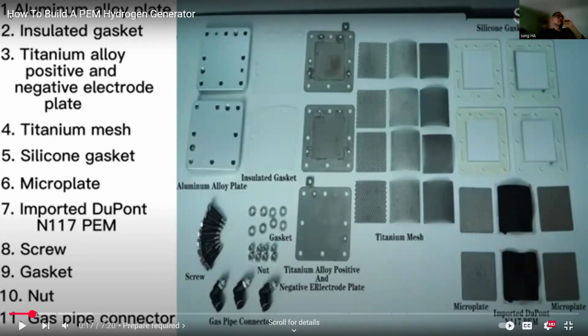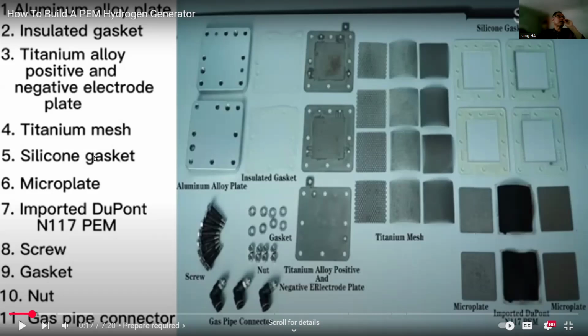The insulated gasket is a kind of insulation, and the titanium mesh works as an electrode.